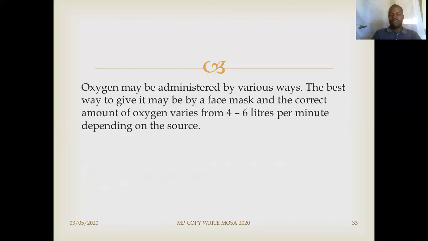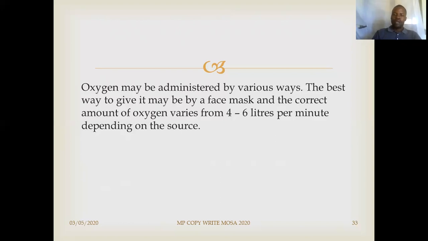If you are administering oxygen to a child, you also need to get the correct size of mask. Again, you also need to regulate the liters of oxygen that you'll be giving per minute.